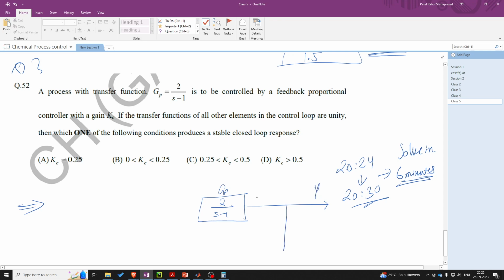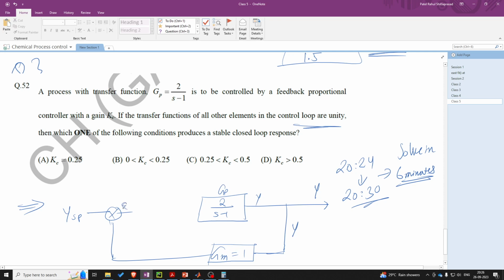In order to control this, I will feed back to the system. I need to measure the response using a measuring element or a sensor with a transfer function of Gm, and in this question we have been given that all the control loop elements are 1. So I will write it as 1. Then I will feed back the system, but I will also have a set point that I will be comparing.